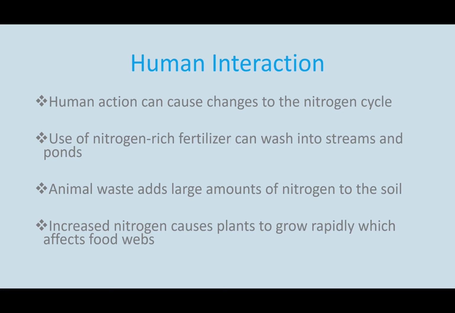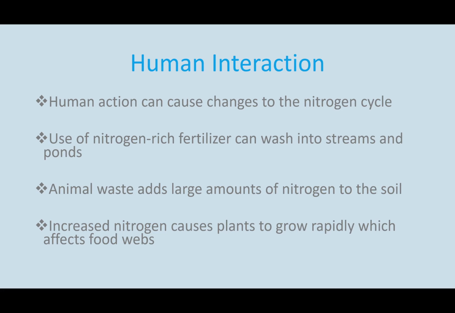the more plant life there is, the more herbivores there may be, because they're feeding on the extra plant material. That will increase the herbivore population, which could then increase the secondary consumer population, which could increase the tertiary consumer population.